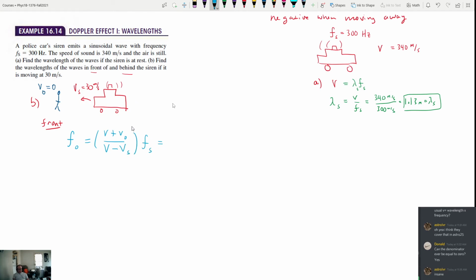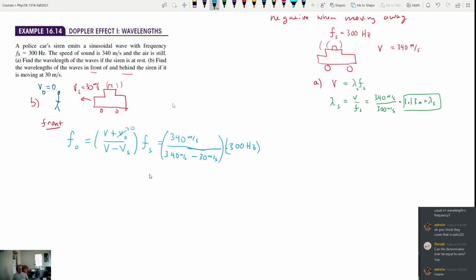Now, in this case, the velocity of the observer is 0, but V is the velocity of sound, so we put 340 divided by V, which is 340, minus V source, which is 30, and then we multiply by the frequency of the source, which is 300.